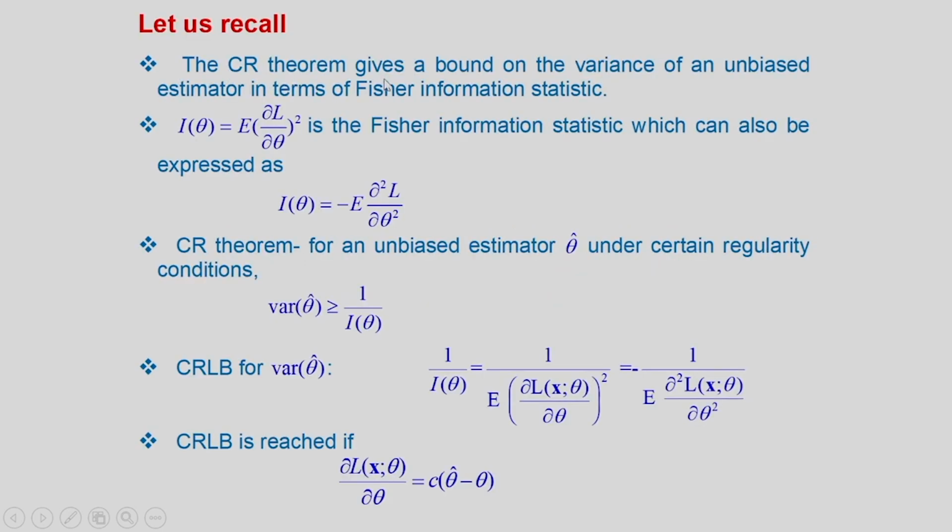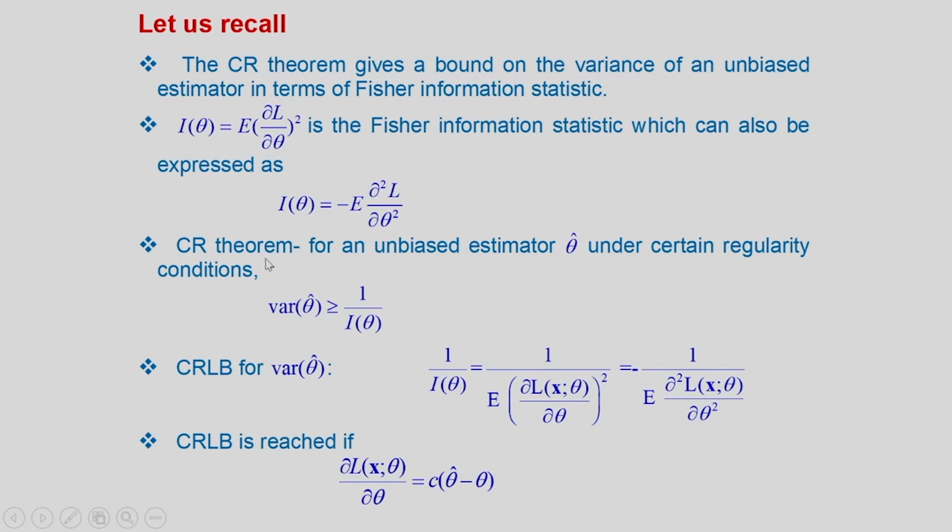Let us recall, the Cramer theorem gives a bound on the variance of an unbiased estimator in terms of the Fisher information statistic. Now what is the Fisher information statistic? I(theta), that is the expected value of (del L / del theta) whole square, is the Fisher information statistic, which can also be expressed as I(theta) equal to minus the expected value of del 2L / del theta square.